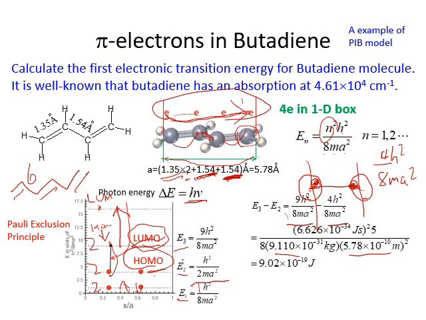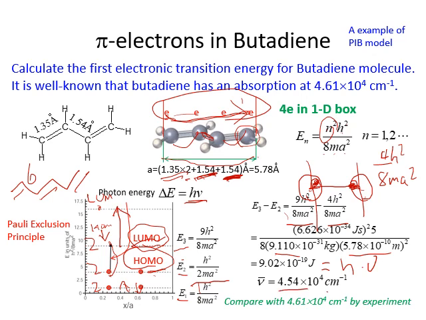And this equals Planck constant times the frequency, so you can calculate the frequency. Here the frequency is calculated in terms of inverse centimeter, and we'll show you how to change the unit to inverse centimeter.